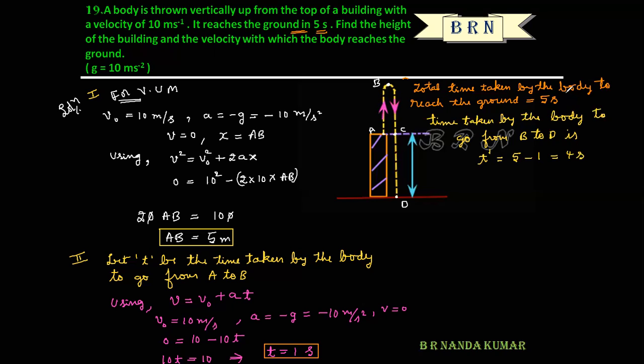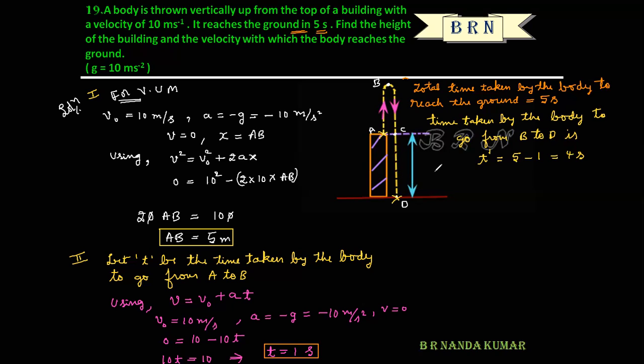Total time taken by the body to travel from A to D is 5 seconds, A to B is 1 second, and B to D is 4 seconds.